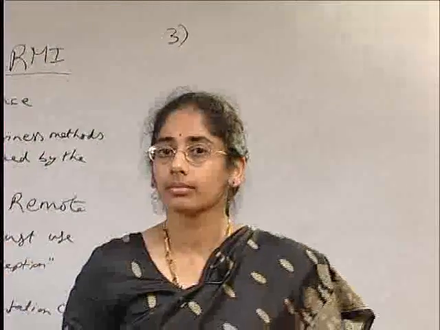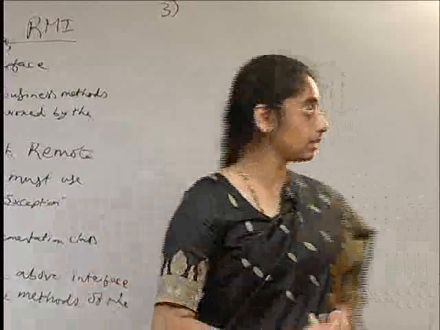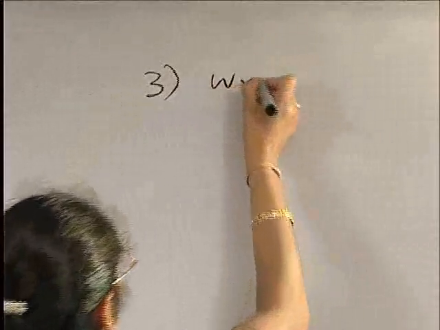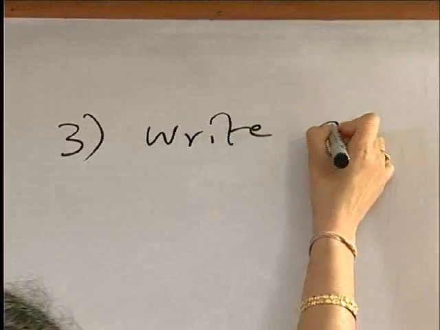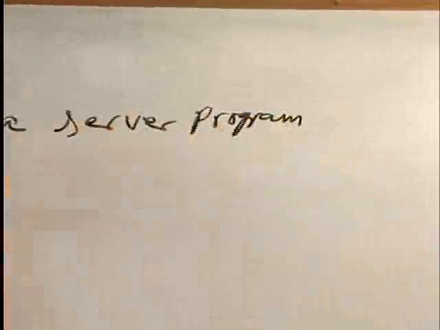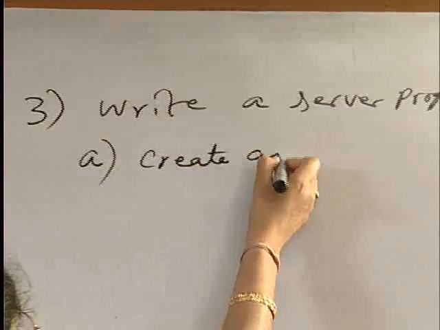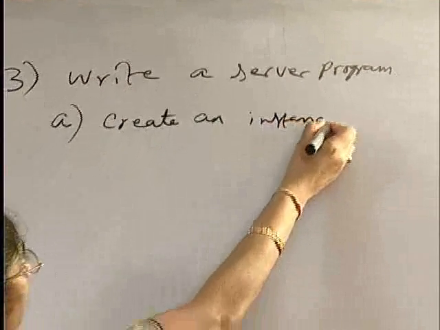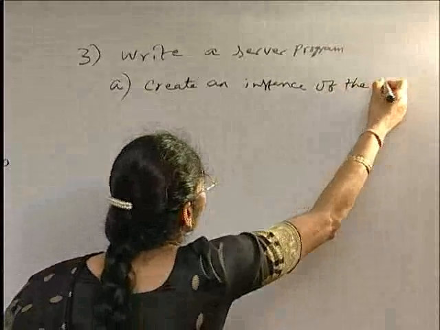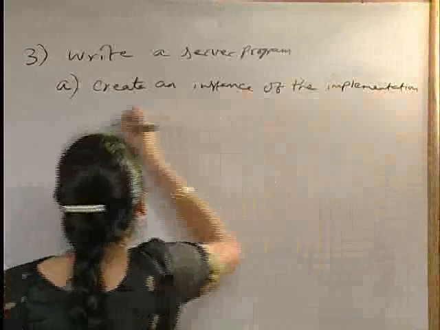The next step is to write the program which is going to create an instance of this class. Let us call that a server program. Write a server program. The server program will create an instance of the implementation class.